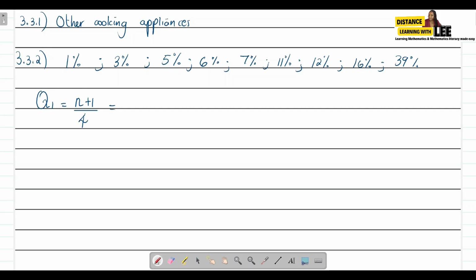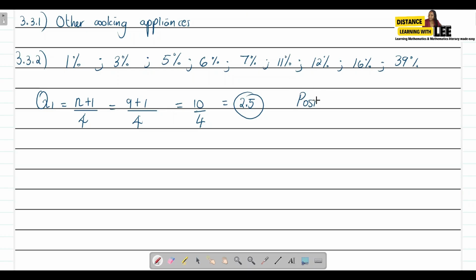We've got 1, 2, 3, 4, 5, 6, 7, 8, 9. Therefore it will be 9 plus 1 divided by 4. 9 plus 1 is 10, divided by 4, that is 2.5.